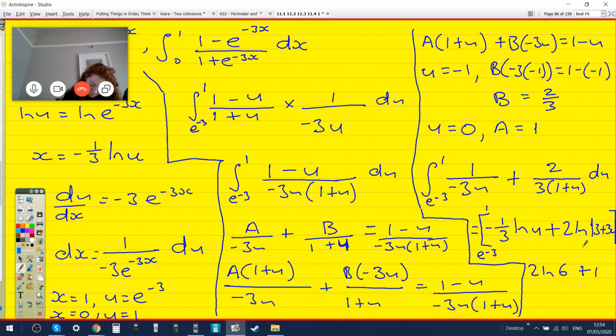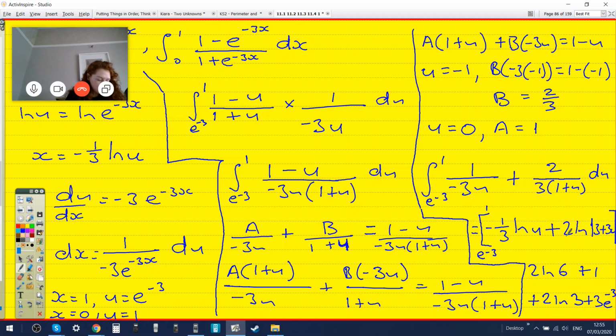And this one, nothing we can do about this one. So then it'd be the 2 ln plus 3 e to the minus 3, and that's becoming a decimal. Yeah, and so nothing we can do about that. We could change the way it looks. Like 2 ln 6 is the same as ln 36 because it's ln 6 squared.